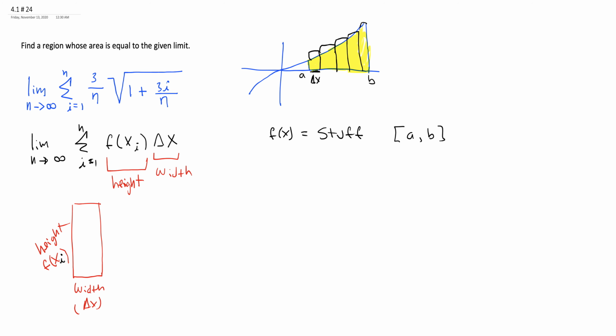And then the height, it's kind of a lousy drawing, let me just do it like this. The height, let's say, is right here. If you're doing a right side height, because you could do the height from the middle of the rectangle, or from the left of the rectangle, but we're going to do it from the right here. And so we'll draw a rectangle like that.